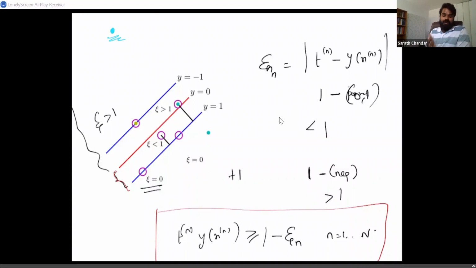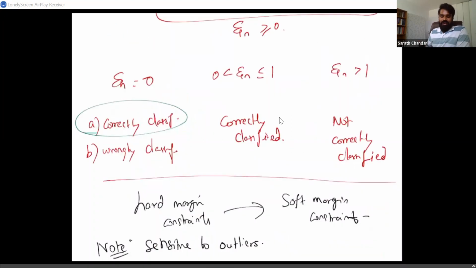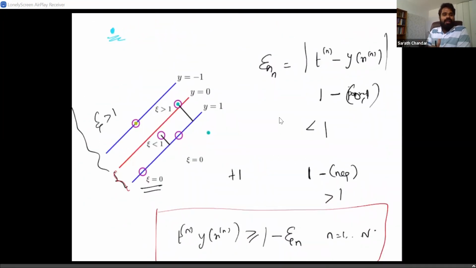But the formulation that we currently have is going to give a very high penalty for this particular data point, which is going to have a very huge error value or loss value. You might think that your model is doing very badly, but it is just that there is one culprit, an outlier. So you need to be very careful if you're using this model.